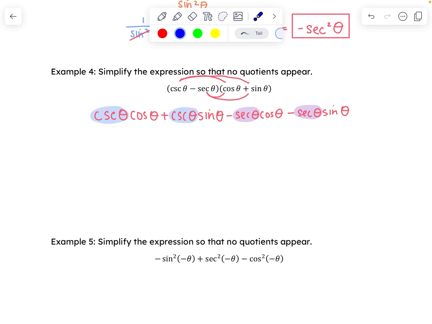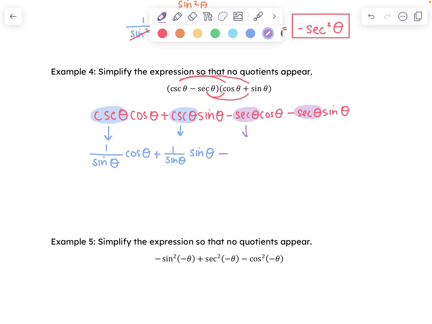So my cosecant is going to change to 1 over sine theta times cosine theta. Same thing here, 1 over sine theta. This time it's times sine theta, so that'll simplify in a minute.